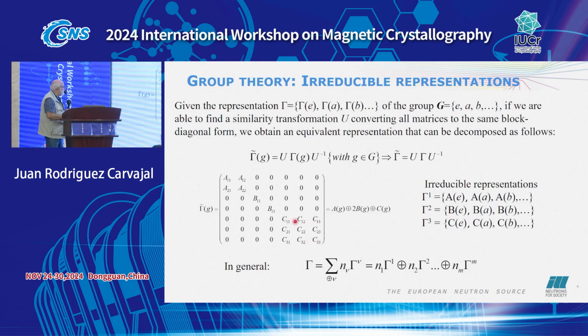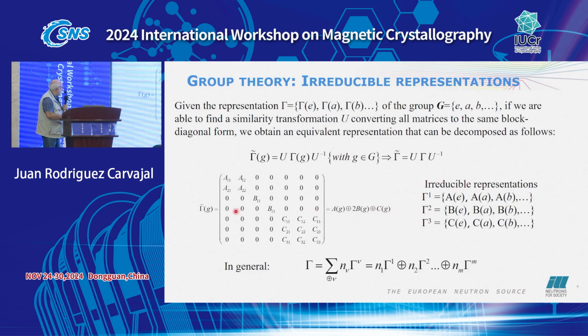And you see here, if you do with the same matrix the same operation, you have matrices of the same aspect for all the elements of the group, and then you can say that this representation is reducible, because all these small matrices that you have here can be decomposed in this kind of blocks. These matrices act in different subspaces.